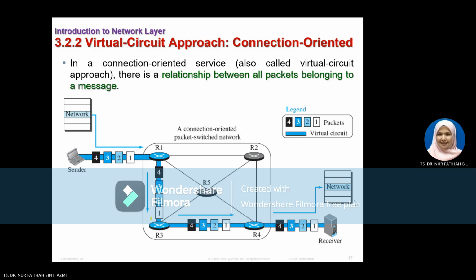For the data transfer, packets 1 to 4 travel in order along this circuit path. There is no rerouting, and all packets arrive sequentially at the receiver. Unlike the previous connectionless method, this method follows the same route, so there is no chance of out of order delivery.